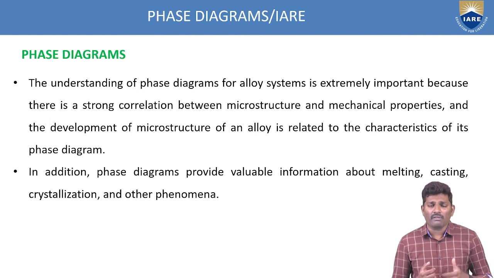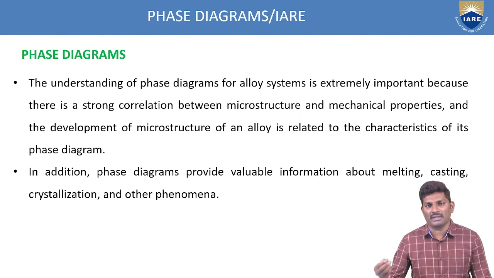Now, why understand phase diagrams? The phase diagram of any type of alloy gives the correlation between the microstructure as well as the mechanical properties. That means, suppose you take a copper metal and heat it from 0 degrees centigrade to 100 degrees centigrade.